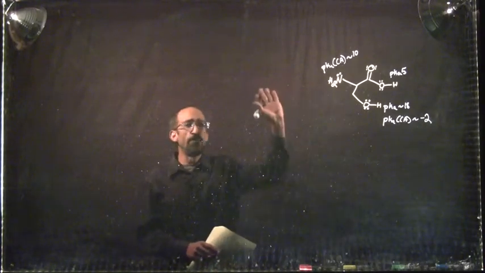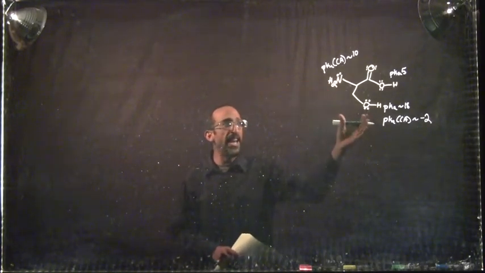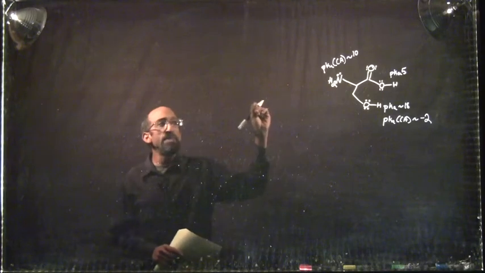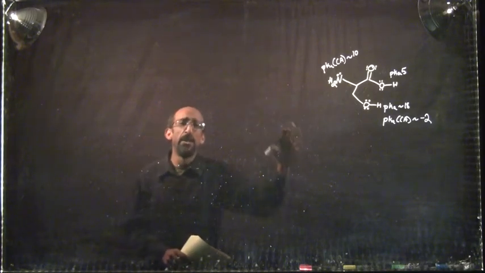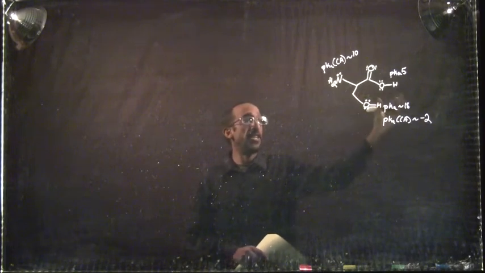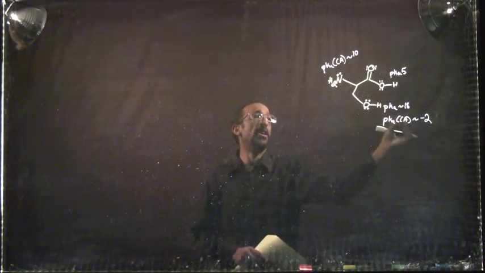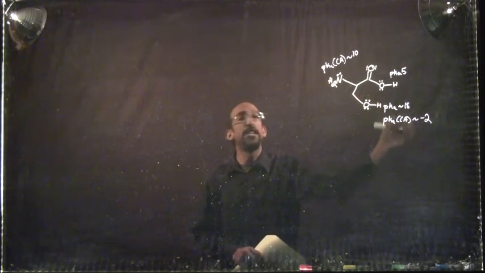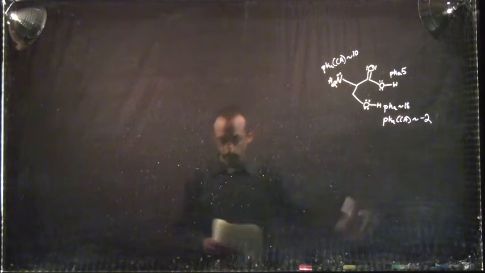So that's our first step: list out the pKa's for the acids and the pKa of the conjugate acid for any base. Sometimes you might have a functional group that can serve as either an acid or a base, and so we need to put both of those values down.